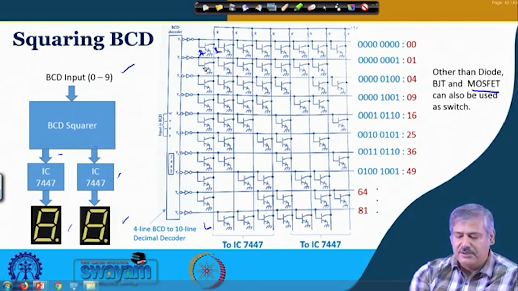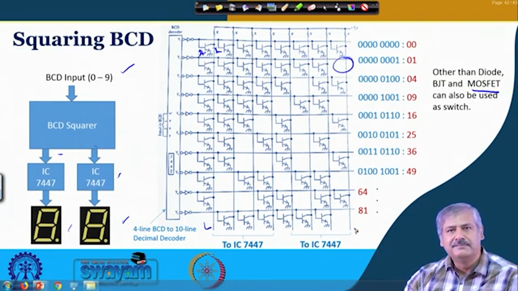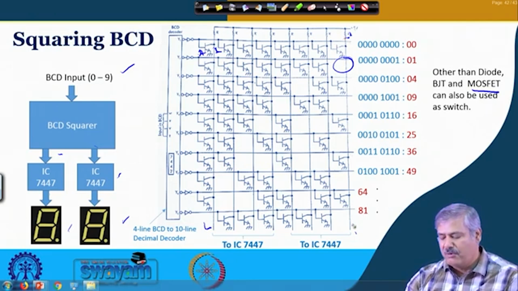If at the cross point no such thing is there, and there is no connection at this cross point, then this 5 volt will be coming over here. Depending on the load impedance, some current will be drawn and some voltage dropped across this particular resistance, but that will be sufficiently small that the output will get recognized as logic high.